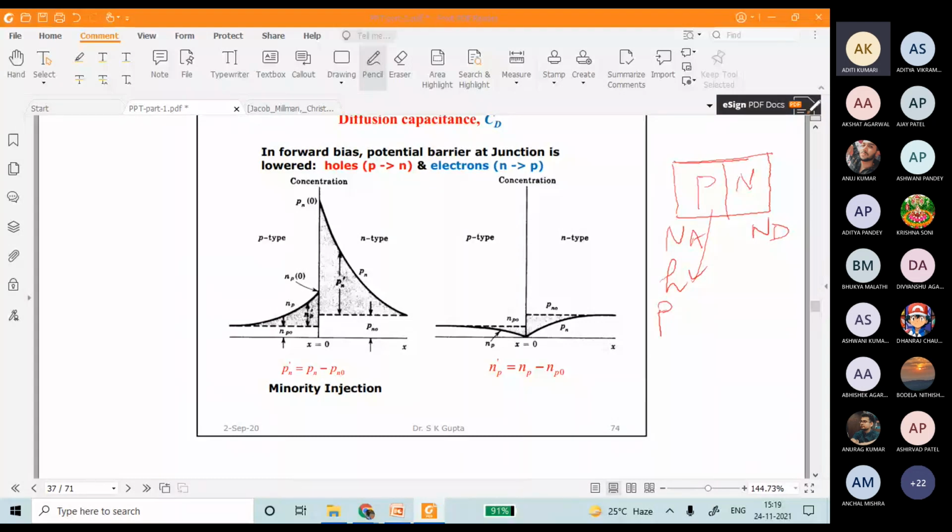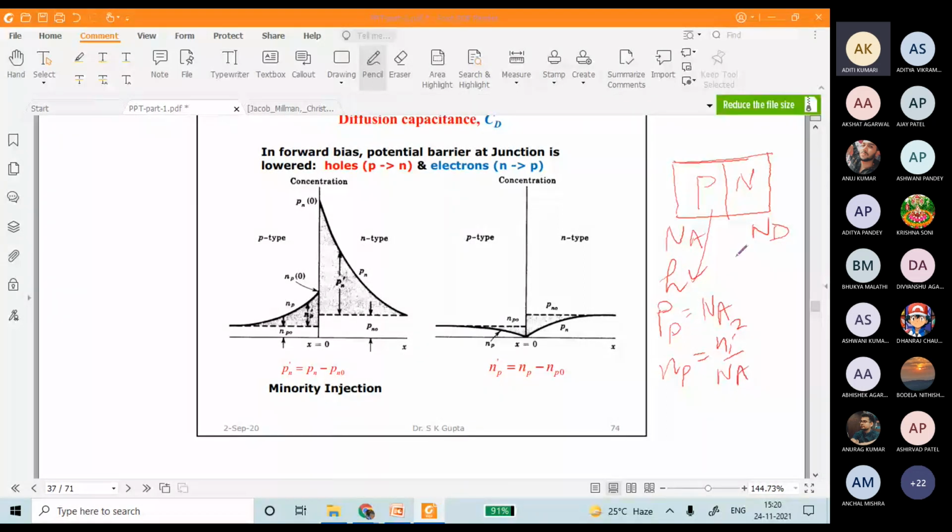So the hole concentration in the P side we write like this: P sub P is almost equal to Na, and in the P side, the minority charge carrier concentration, that is the electron concentration, we can write as Ni square upon Na.